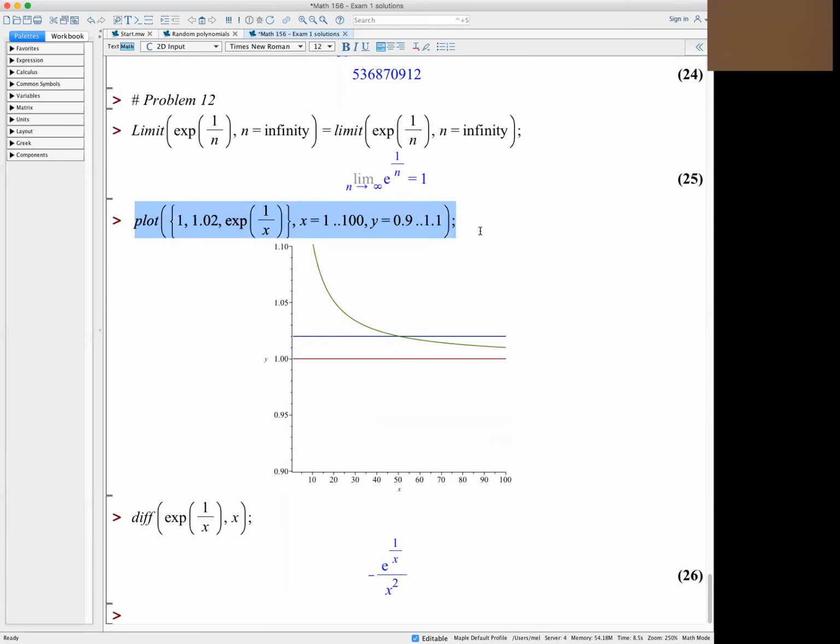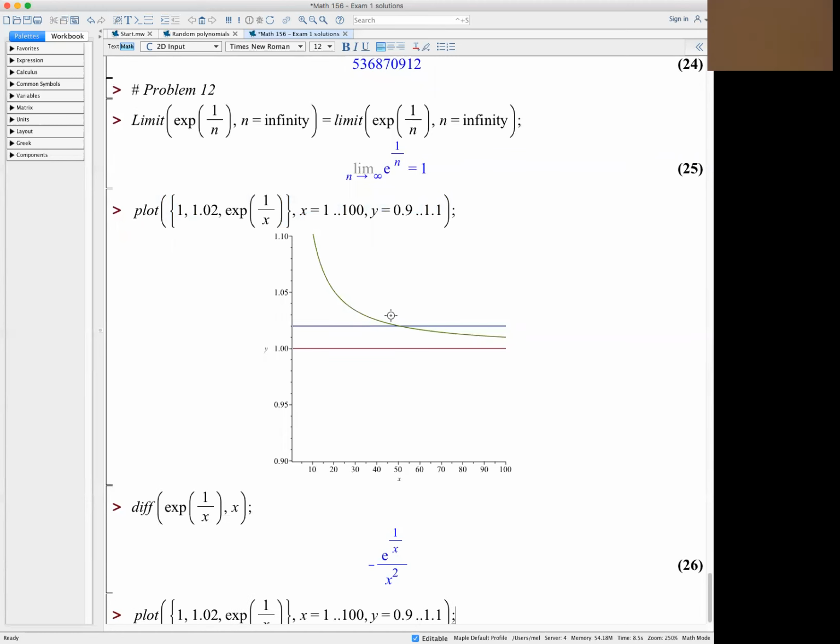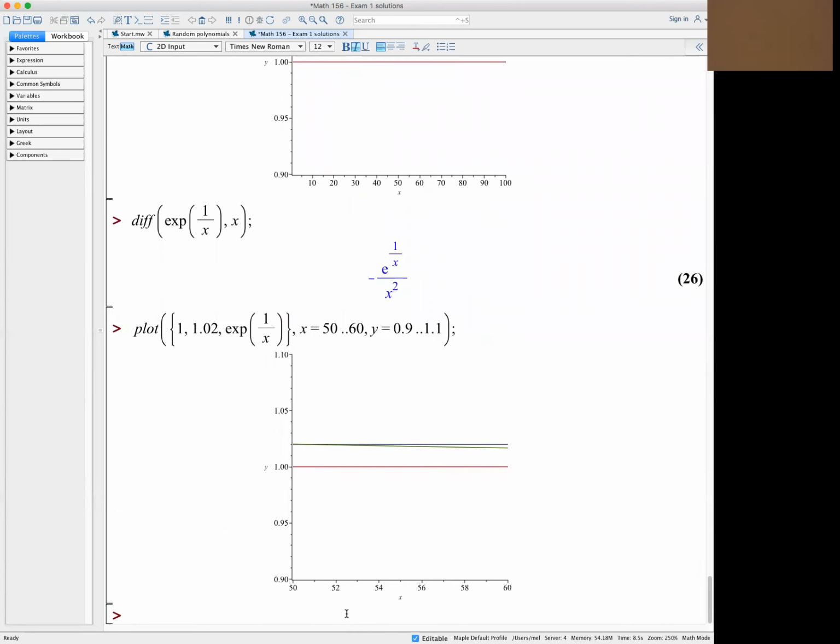So Command C, Command V. Let's plot this maybe between 50 and 60. I'm just magnifying this.